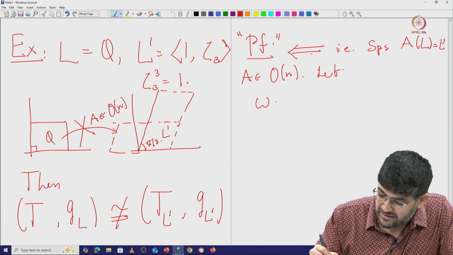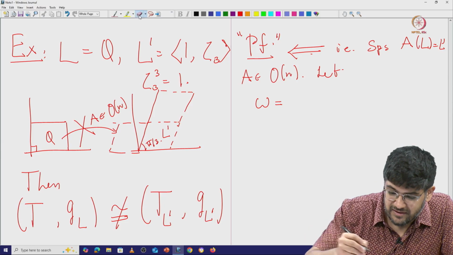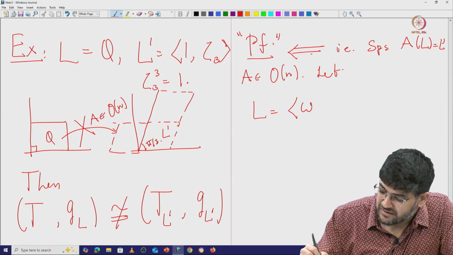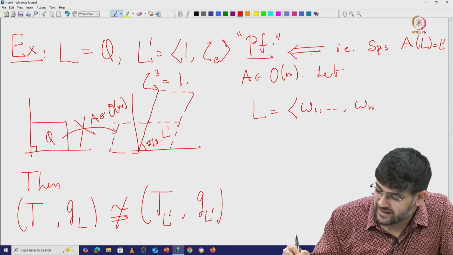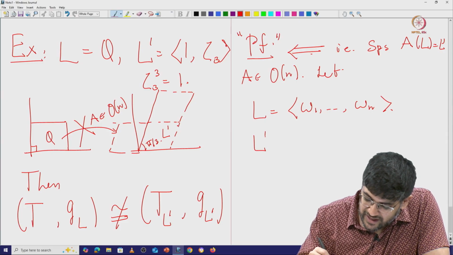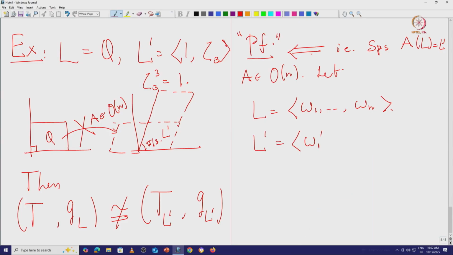Let L be generated by the basis omega 1 to omega n, and let L prime be generated by the basis omega 1 prime to omega n prime, such that, because A takes L to L prime, I can always choose this basis so that omega j prime is simply A applied to omega j.